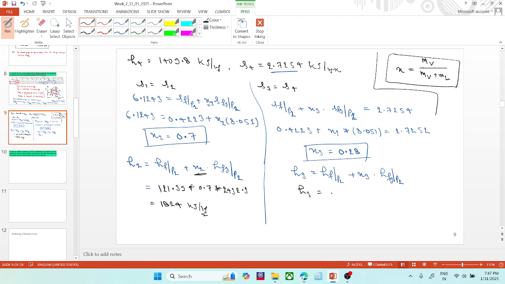Similarly, the value of S3 would be 121.39 plus X3 0.28 into HFG value, which is 2432.3.